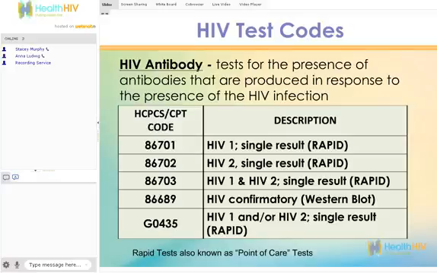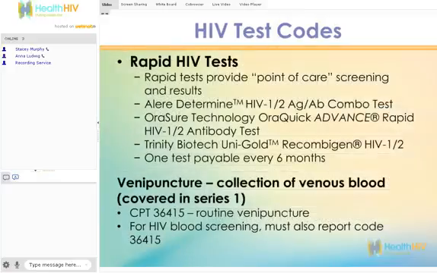The G0435, again, is required for any of your patients that have Medicare insurance, and it may also be required by your local Medicaid state agency. So you should check with them before submitting any codes in this presentation.